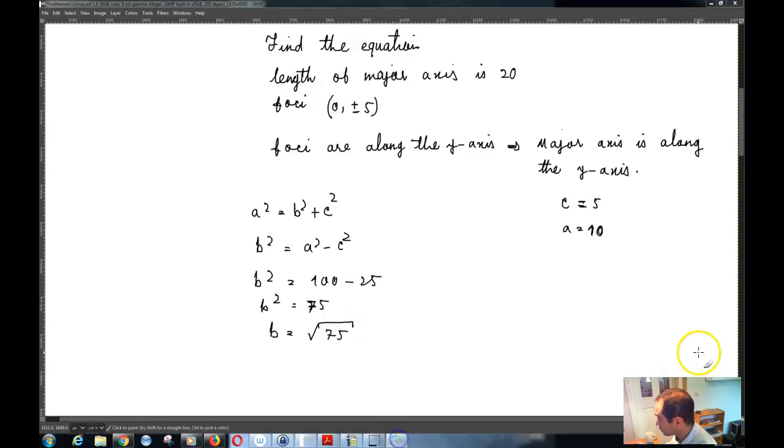Now the square root of 75 is 5 square root of 3. So your B is equal to 5 times the square root of 3.